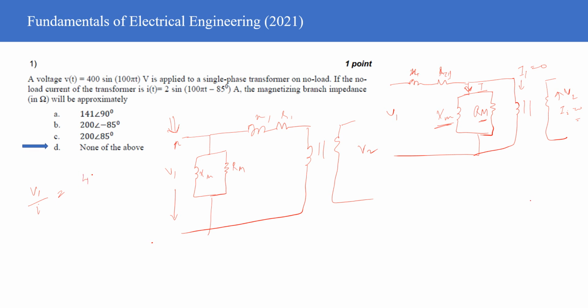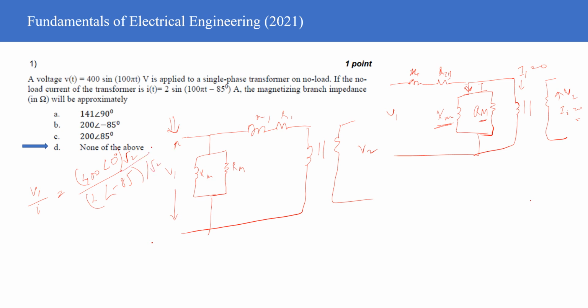What would it be? It would be 400 at an angle of 0, and 2 at an angle of minus 85. So please remember that it's a peak value which is given to you, but then you can always convert it to RMS. So you can write it as 400 divided by root 2 and then 2 at an angle of minus 85 divided by root 2.